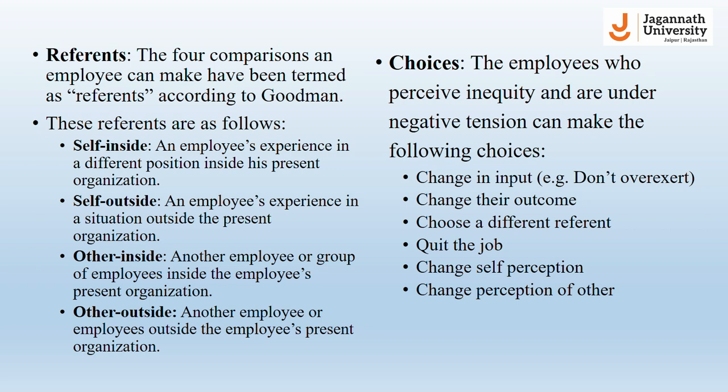I am giving this example because these are general things which happen in an organization. And you will change a referent, that is, you change your comparison point, so you are not comparing with the same person and you are now comparing with a different referent.